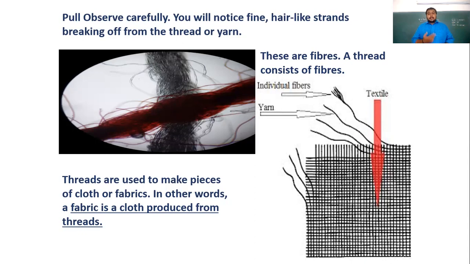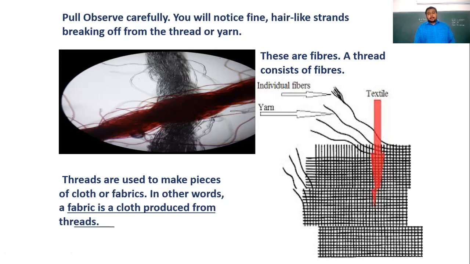By interlacing these threads or yarns at a right angle, a 90-degree angle, we form the fabrics. If we twist that thread, we can see the individual fibers.